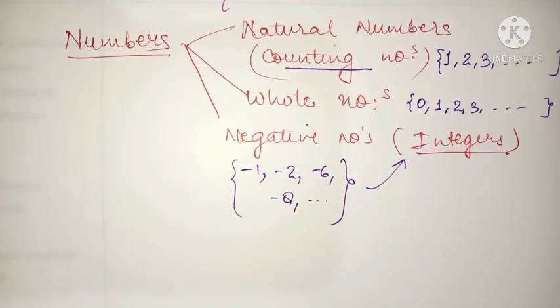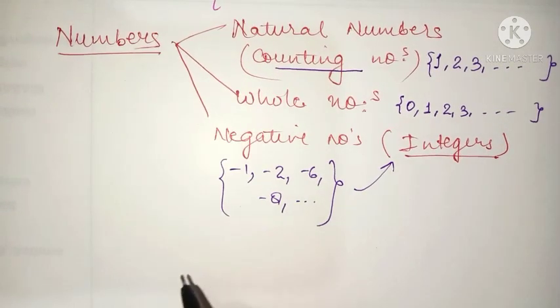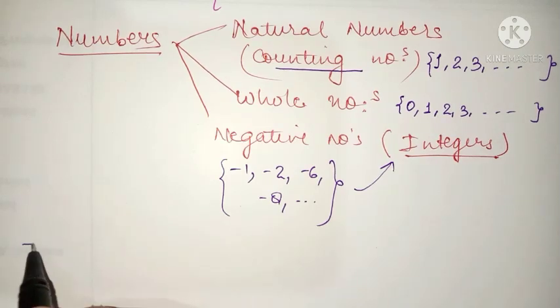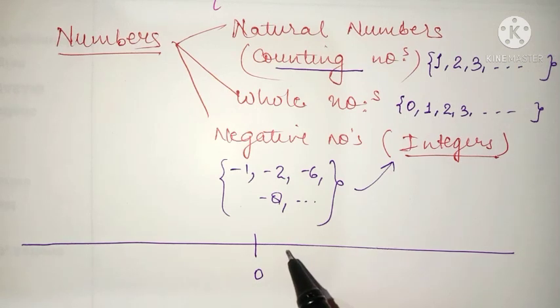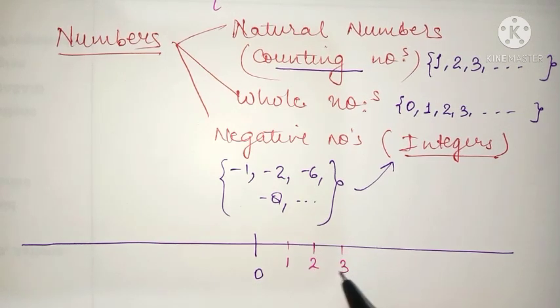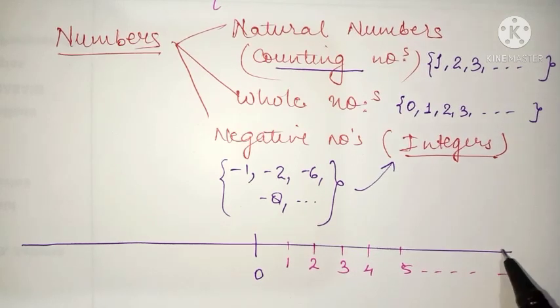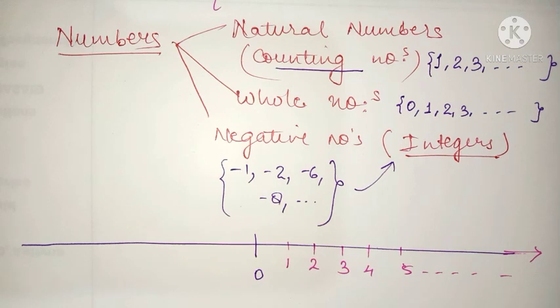Let's study this with the help of a number line. If this is a number line, there is a 0, and here we mark 1, 2, 3, 4, 5 and so on up to infinity. It goes up to infinity. What are these? These are natural numbers.